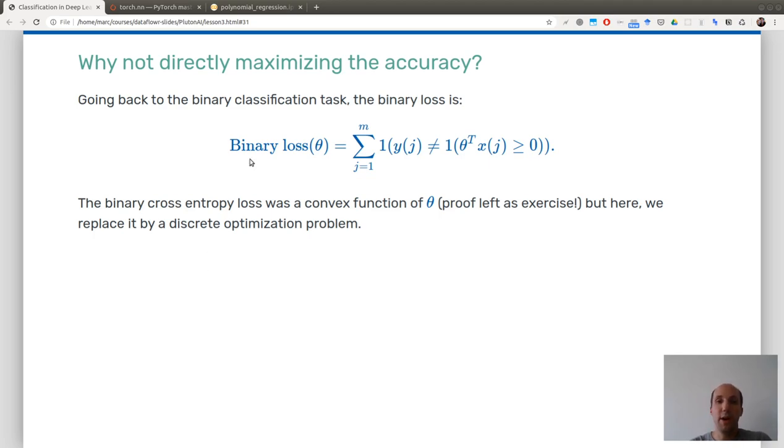You can rewrite the binary loss as this formula. This is just counting the number of errors you are making on your dataset. In the binary case, the y can only be 0 or 1.